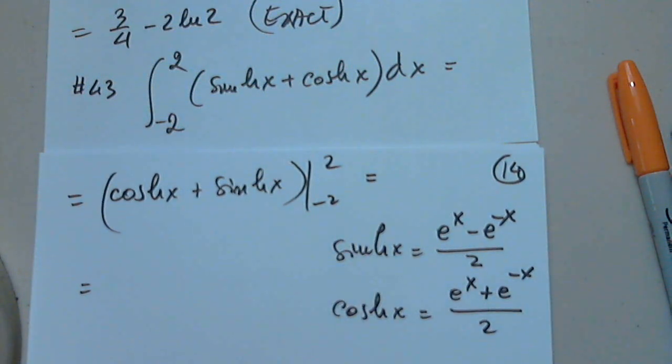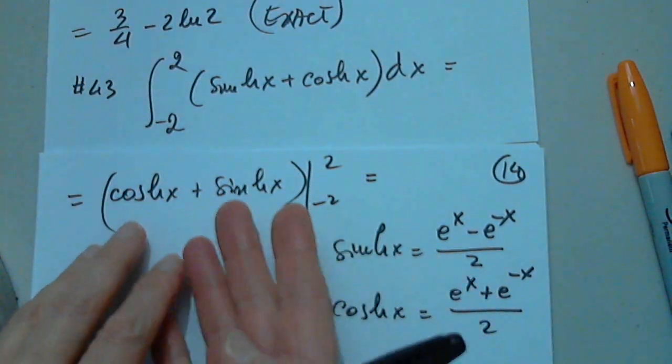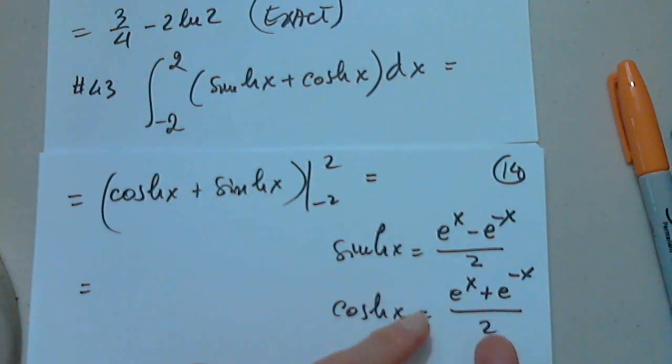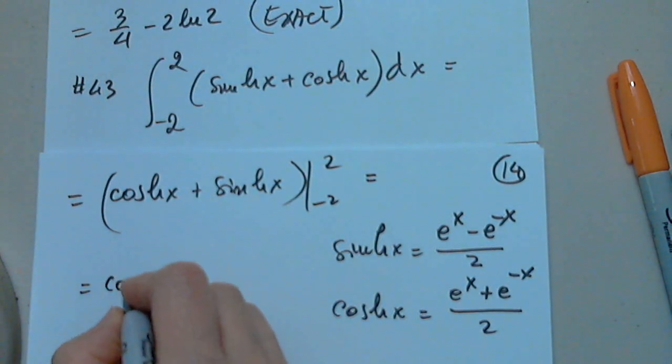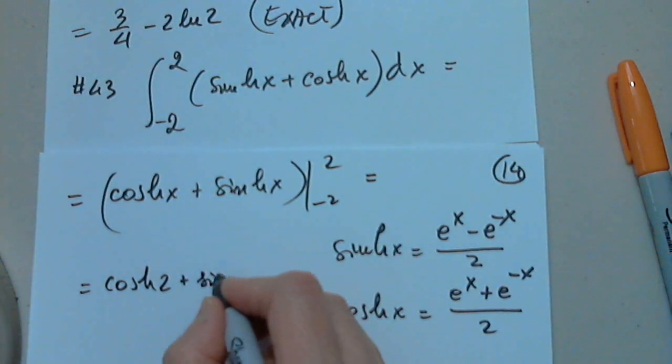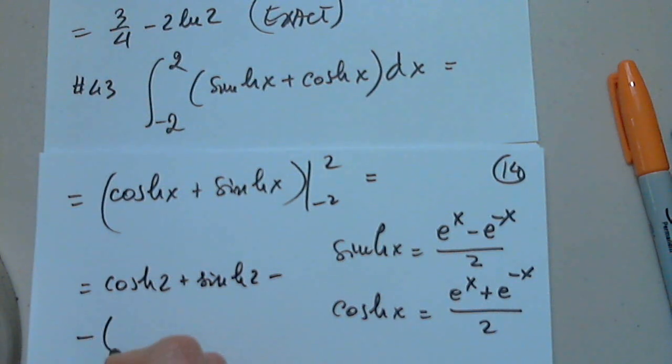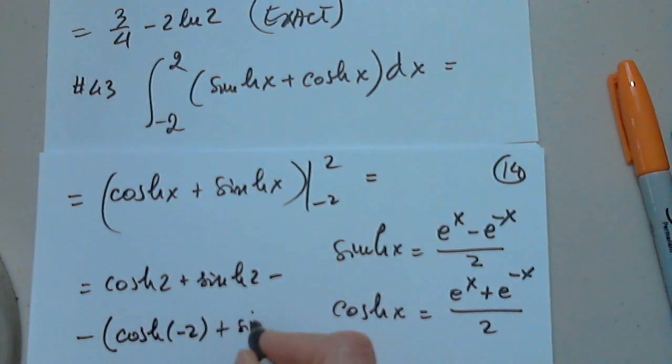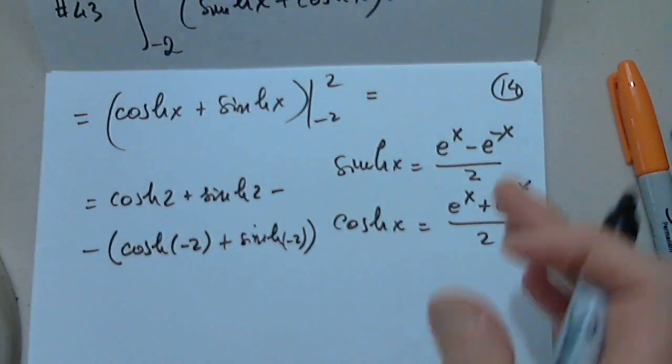I don't even know if we can plug this in the graphing calculator, and it should exist, but maybe they say no because you will have to evaluate this. So I can write it as hyperbolic cosine 2 plus hyperbolic sine 2 minus hyperbolic cosine -2 plus hyperbolic sine of -2, and then calculate that.